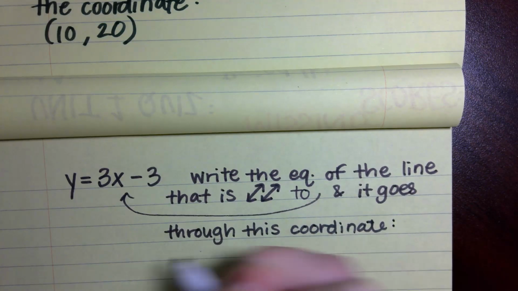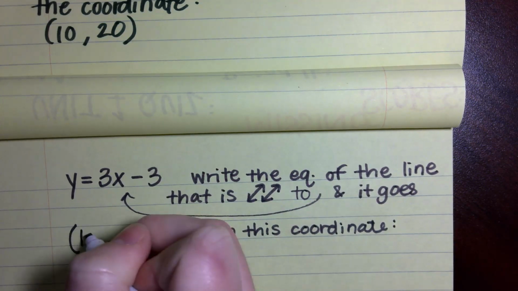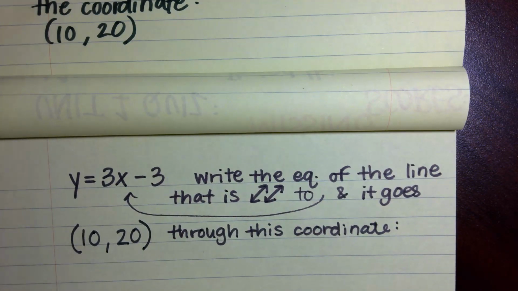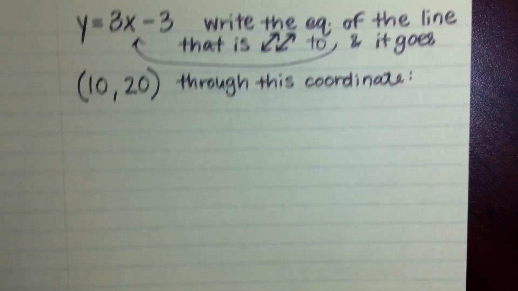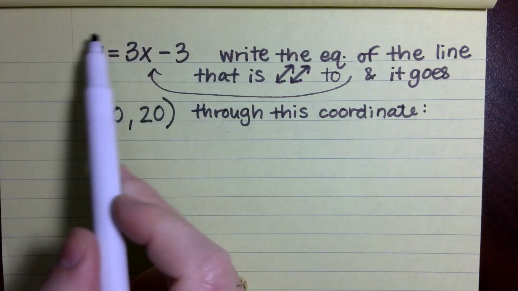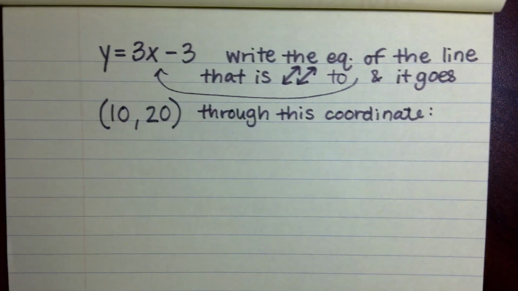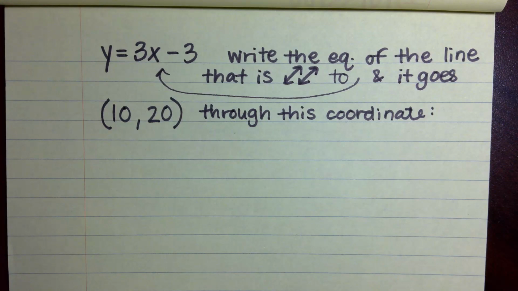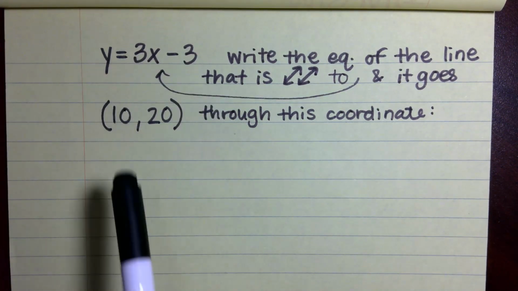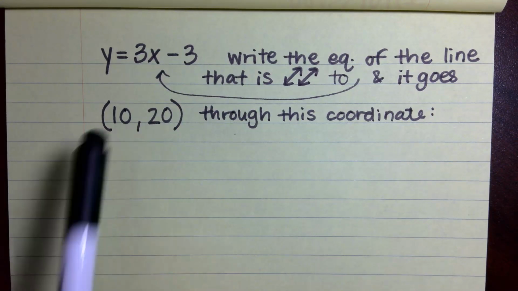Okay, the coordinate is (10, 20). So I am given an equation, and I am trying to write a new equation that is parallel to this one, and it's going to be going through this point.